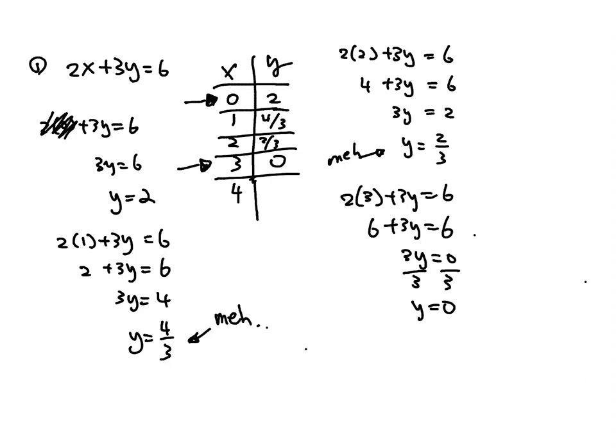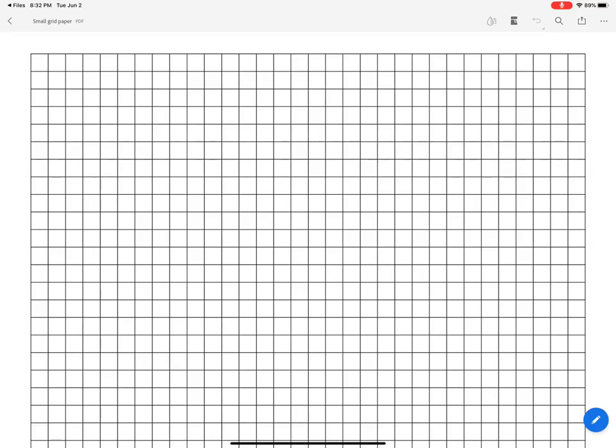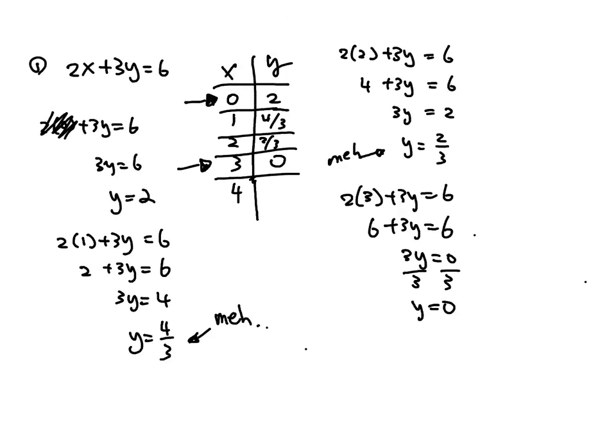I'm going to pull out a graph. Let's see if I can find it. There we go. So here is my grid. I'm going to draw my x's. We said, let me look at the table, we have 0, 2 and 3, 0.